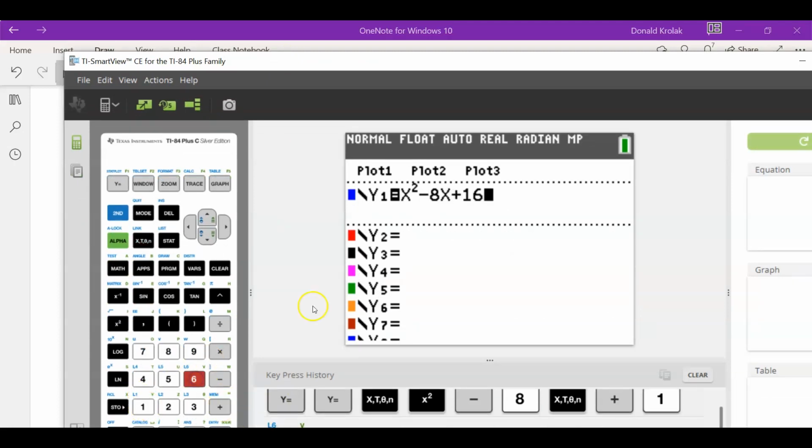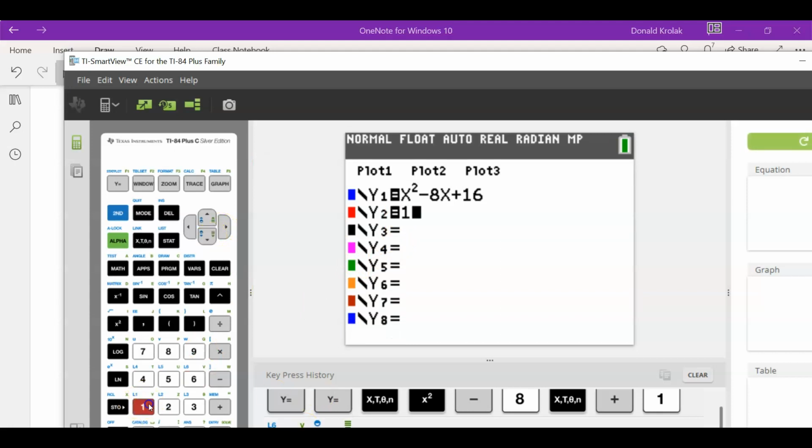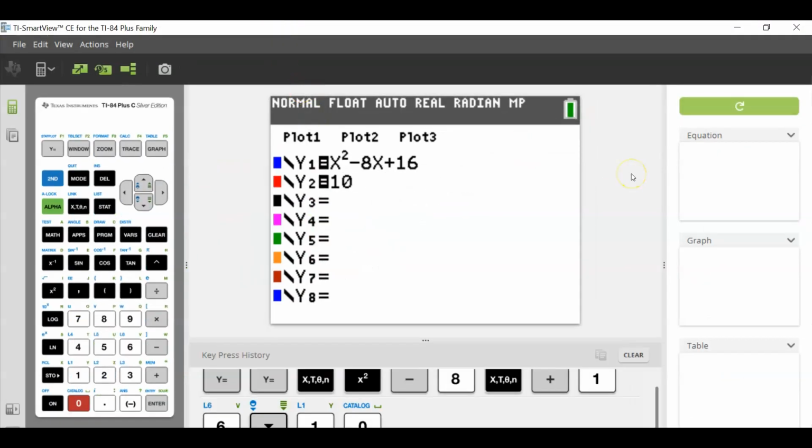And then whatever it's equal to, that's your second equation. And then it's going to graph those, and then you're going to use the calculate menu to get the intersection.